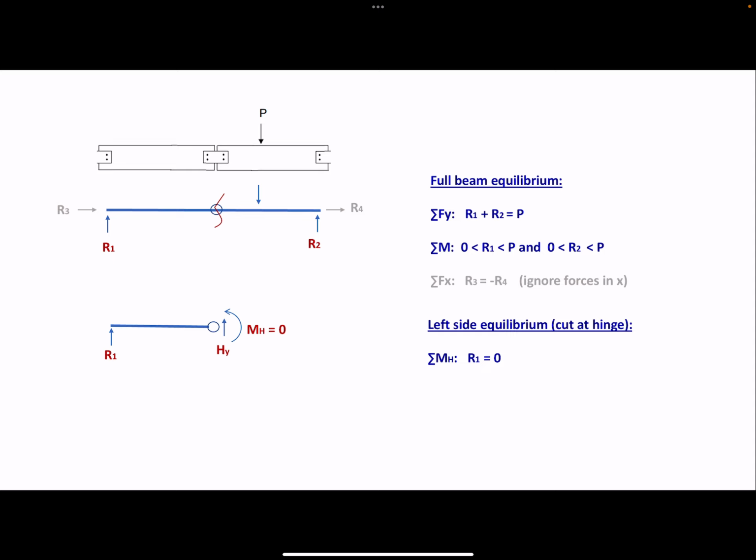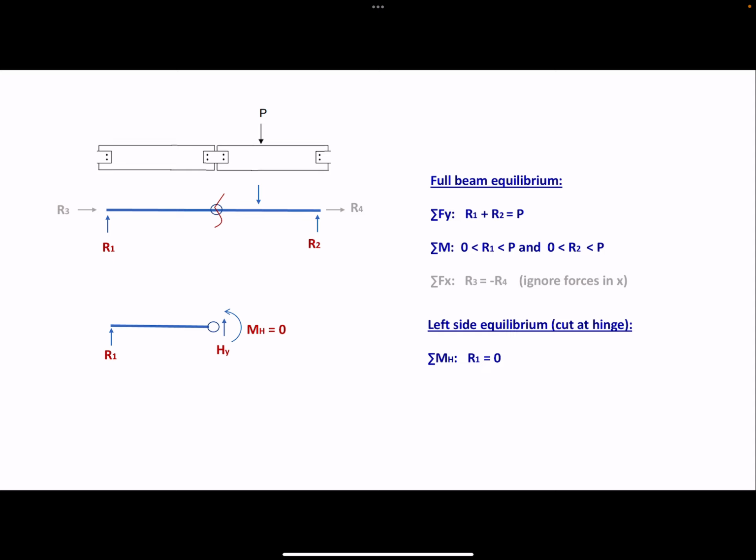And then if we break that structure at the hinge, we know that the moment is equal to 0 at the hinge. If we sum moments about the hinge, we have no applied force on this side, so we would conclude that the reaction force R1 is equal to 0.